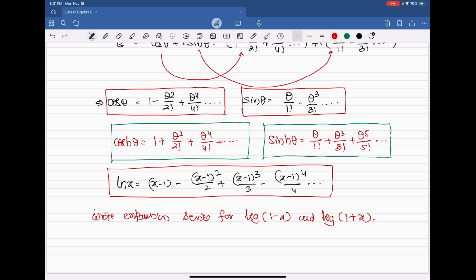Next, don't forget the binomial theorem also, ultimately. What does the binomial theorem say? 1 plus x to the power of n is equal to 1 plus nx plus n into n minus 1 by factorial 2 x square plus n into n minus 1 into n minus 2 by factorial 3 x cube and so on.